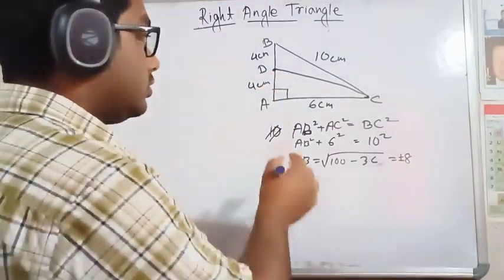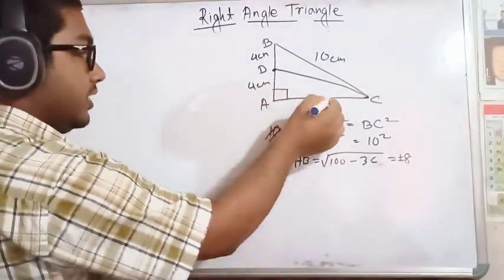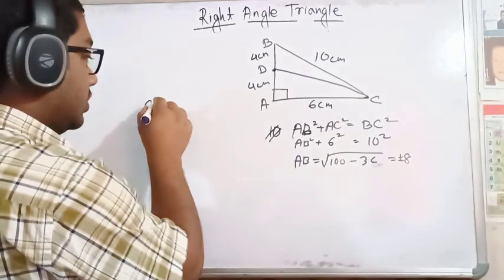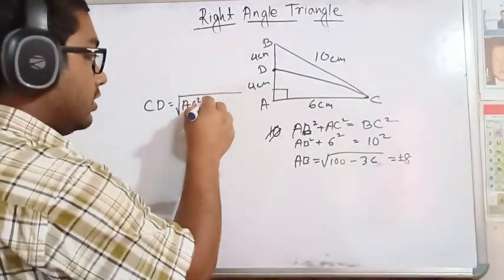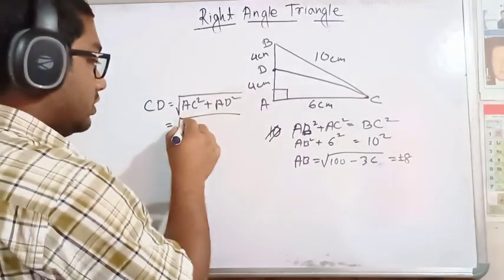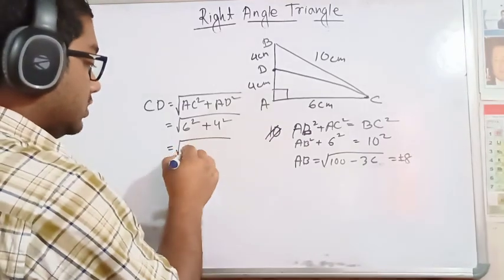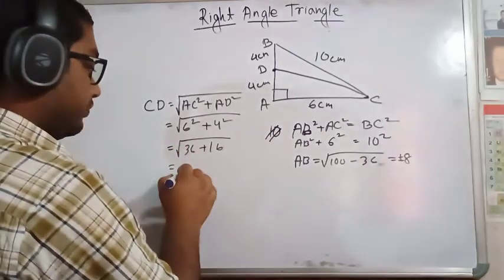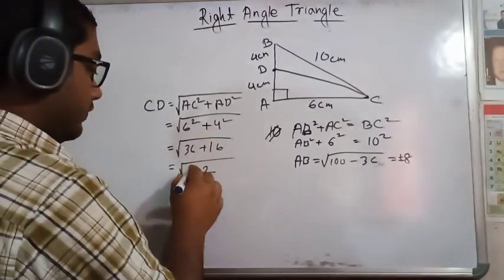The length of CD is very simple because this is the base, this is the height, and this is the hypotenuse. So CD is equal to root over AC square plus AD square. So we get 6 square plus 4 square, 36 plus 16, we get 52.